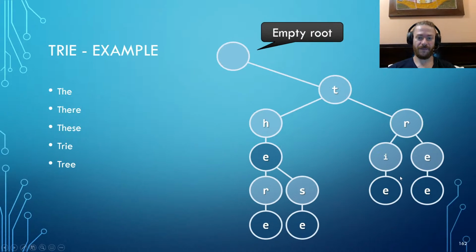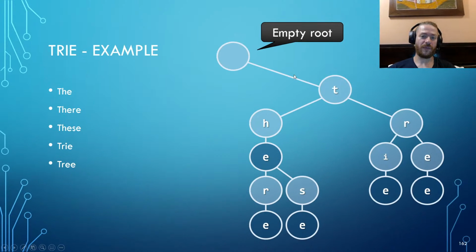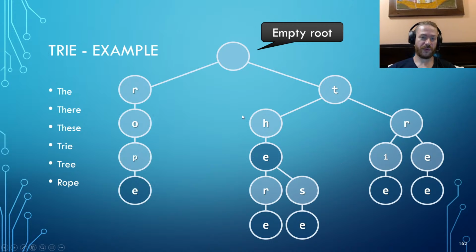Then TREE, done. So every symbol which is already added to the data structure will not be included again. ROPE, bam. There, bam.